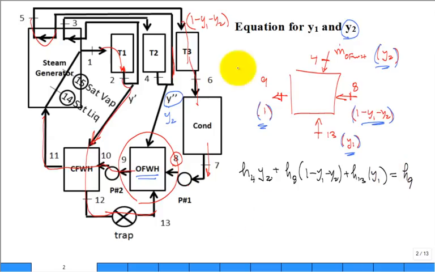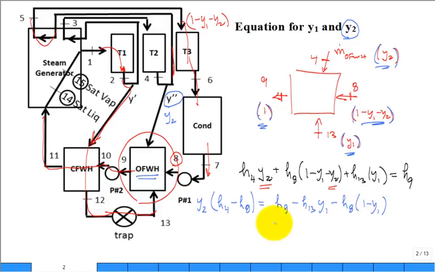So we want to isolate Y2 in terms of everything else. Throw everything else on the other side. So maybe I should do it in 2 steps. What I'll pick up is H4 minus H8 times Y2, and then throwing everything on the other side, I have H9, and then minus H13 Y1 minus H8 times 1 minus Y1.